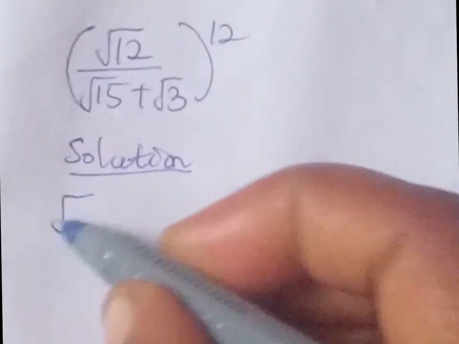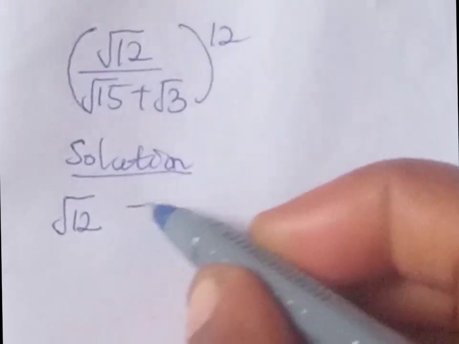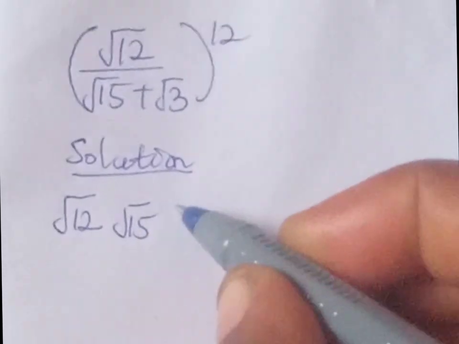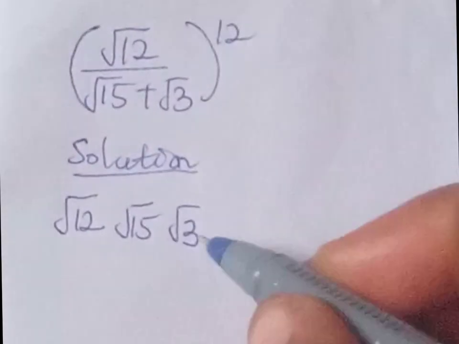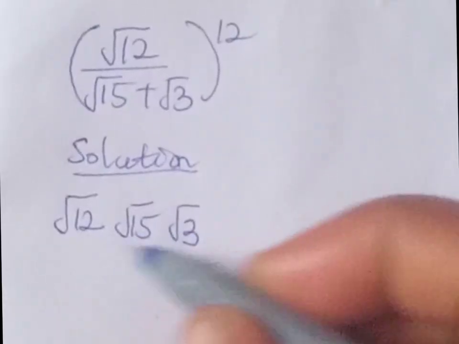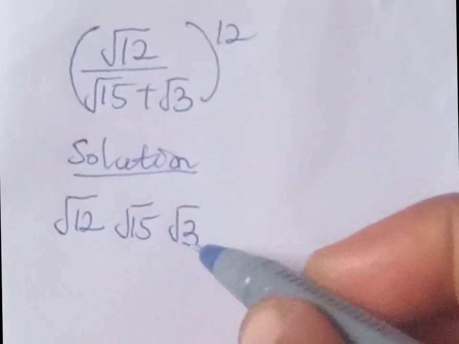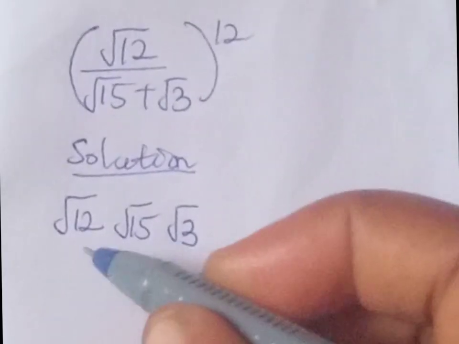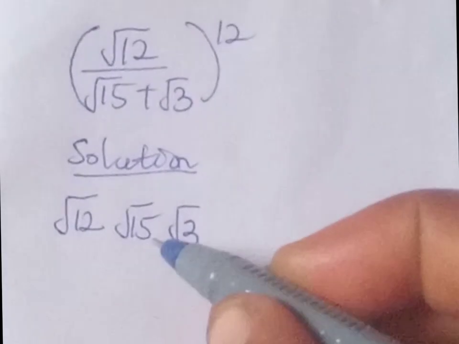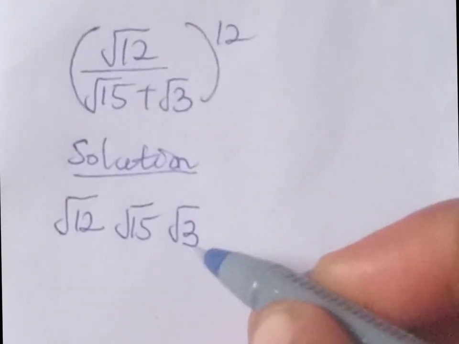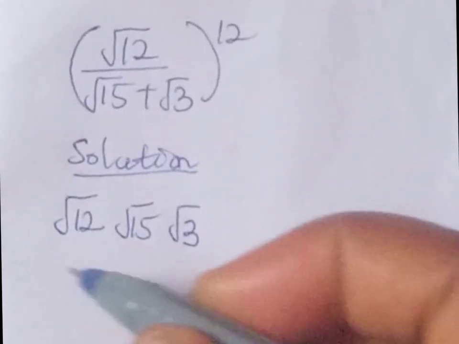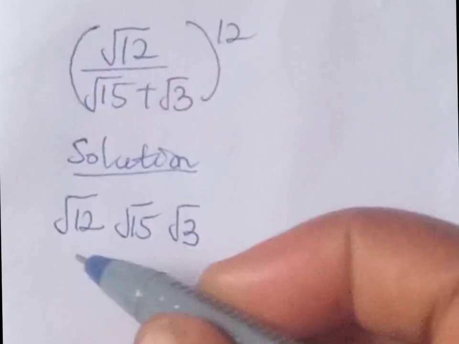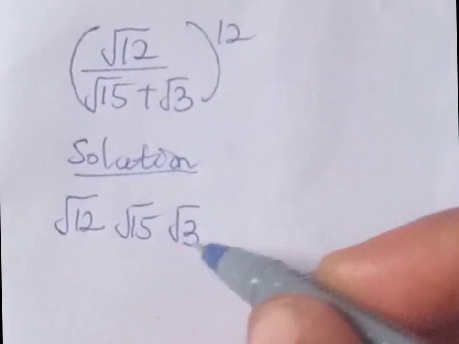We have square root of 12, square root of 15, and square root of 3. Notice that every single one of these radicals is a multiple of 3. That is, 3 times 4 will give us 12, 3 times 5 will give us 15, and 3 times 1 will give us 3. The next thing is, let's highlight the factor of 3 in each radical.